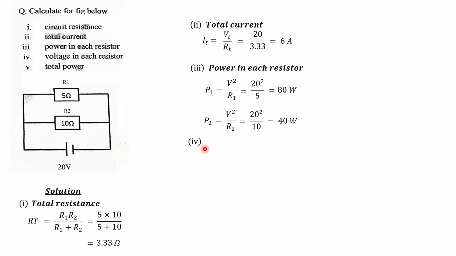Let's move on to the fourth one, that is IV, and we have to calculate for the voltage in each resistor. I explained earlier that when you are dealing with a parallel circuit, the voltage is always common. So 20 volts, the supply voltage, will be the same voltage across resistor R2 and the same voltage across resistor R1.